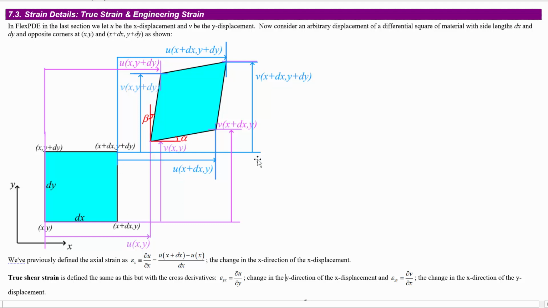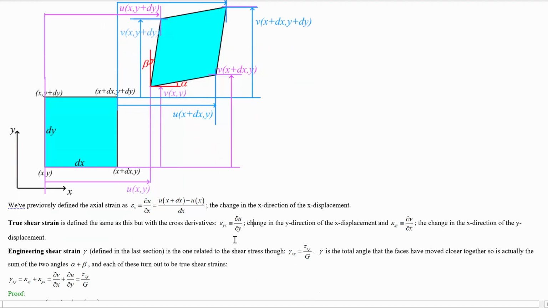And so let's see what that would be talking about here. We've got how much u is changing per step in y. So it'd be the difference between the displacement at the top side in the x direction and the displacement at the bottom side in the x direction, yeah? And so top versus bottom is where the dy is coming from, the per step in y.